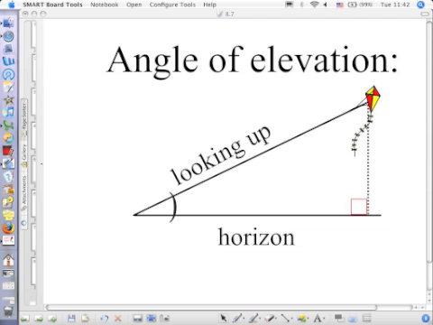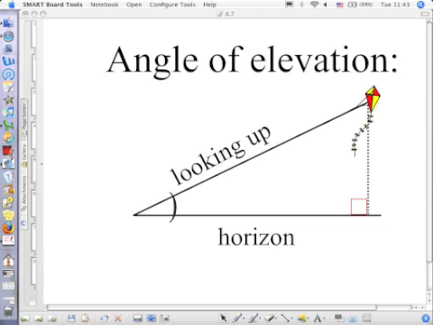You're going to be told about angles of elevation and angles of depression, and you need to know what the difference is. An angle of elevation is when you're standing somewhere and you're looking up at something else. The actual angle of elevation is formed by the horizon, straight ahead from wherever you are, and going up to the object you're looking at.